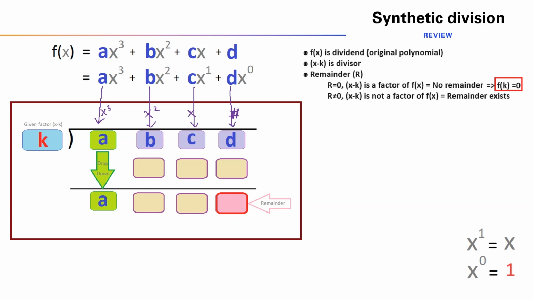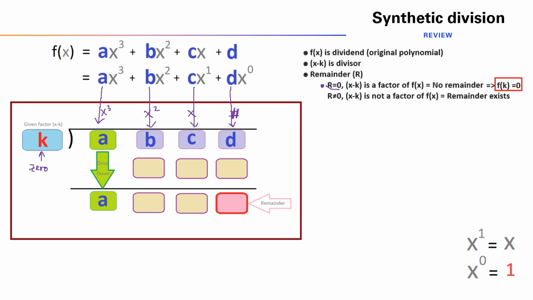In some types of questions, they will give the factor x minus k. So k in this sense is the 0. If they're asking if that factor is a 0, we will set that k is the 0 if the remainder is 0.